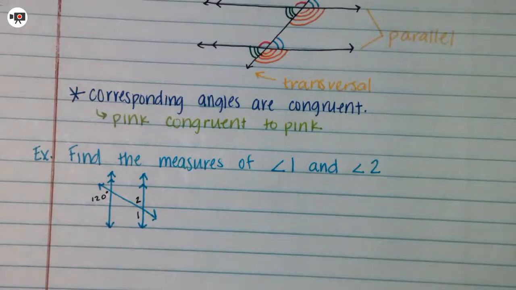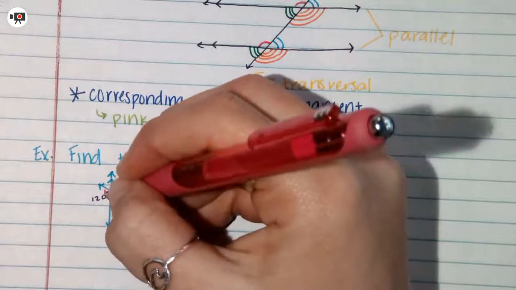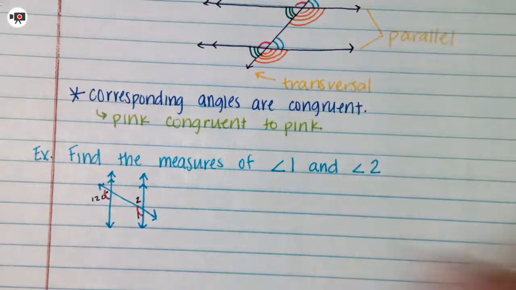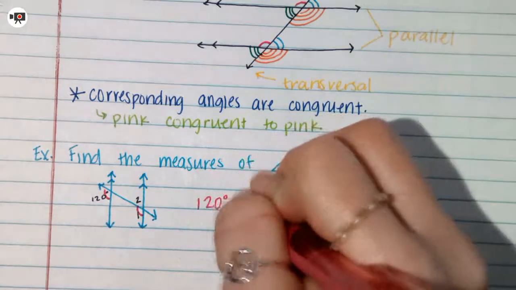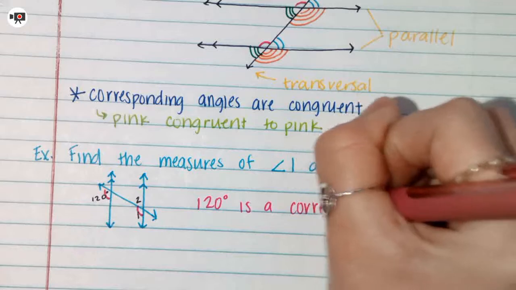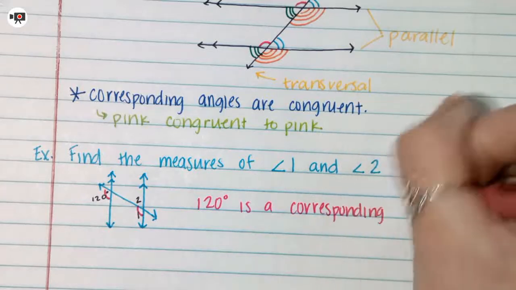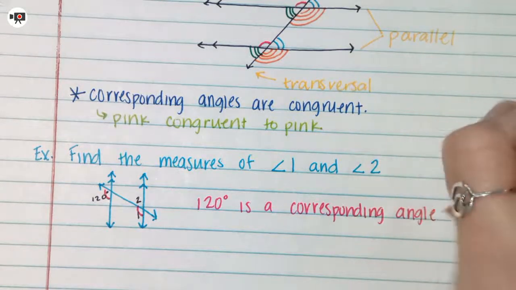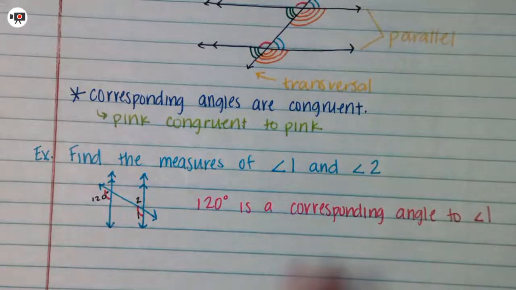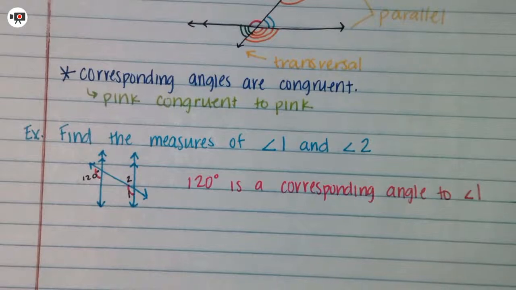So I know, because of corresponding angles, my 120 degrees corresponds to angle 1. 120 degrees is a corresponding angle to angle 1.